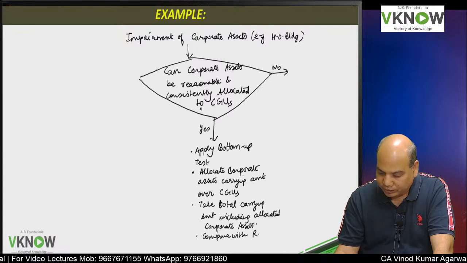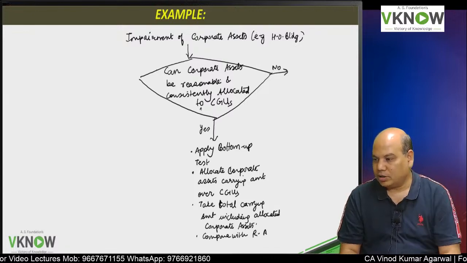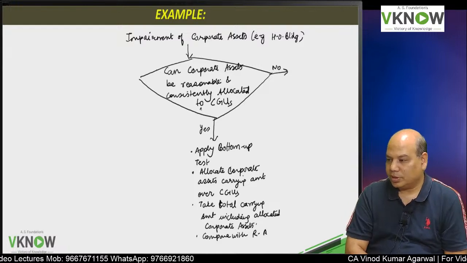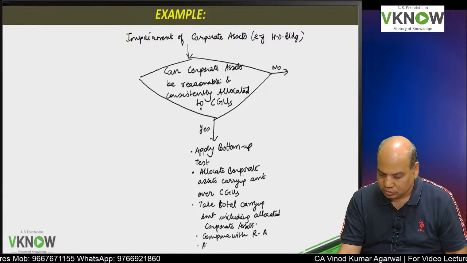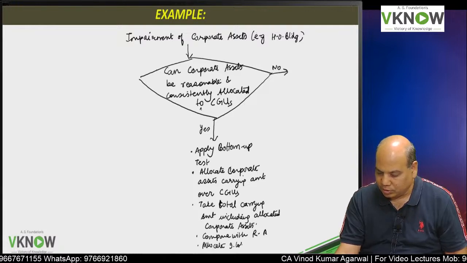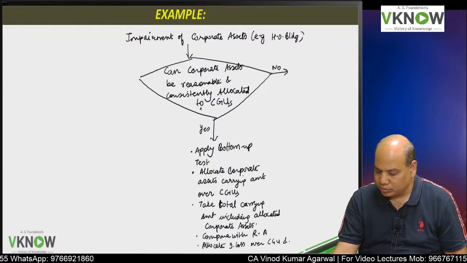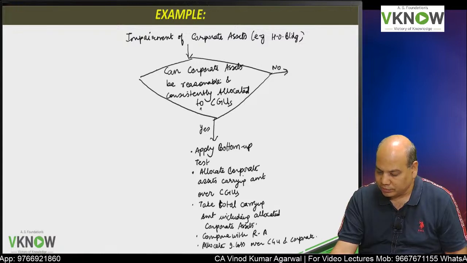Allocate impairment loss over CGU and corporate assets.